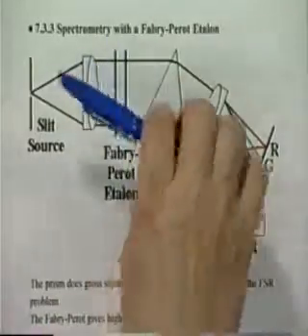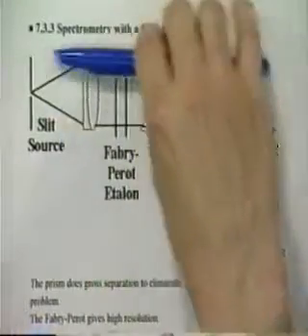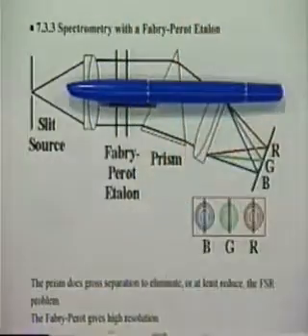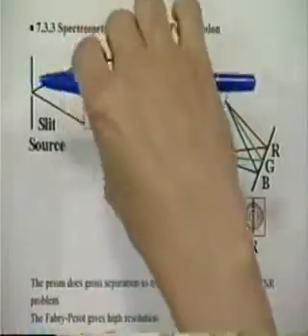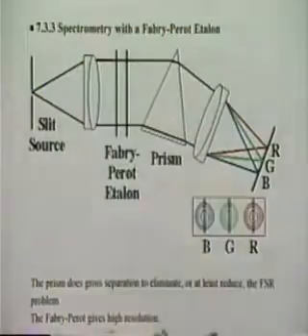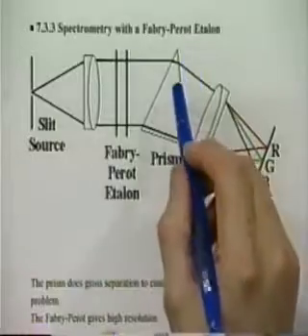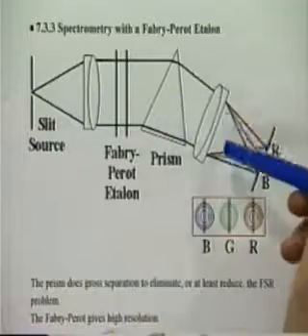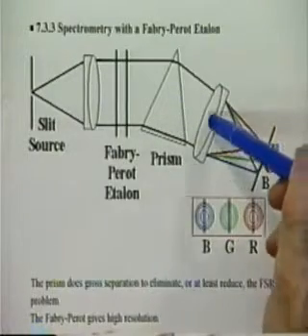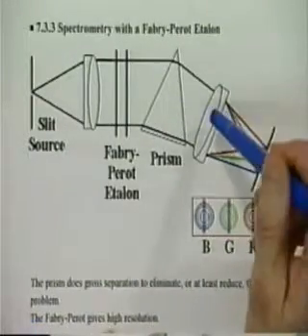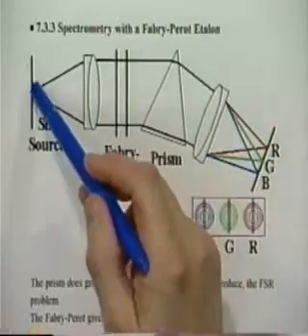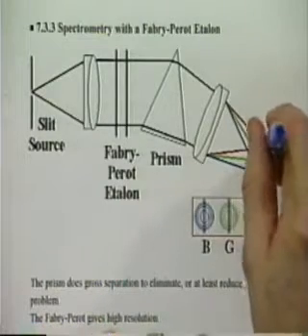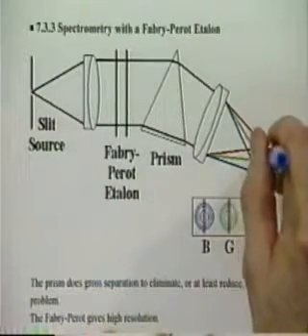So in this dimension we just have a collimated beam, we don't have a lot of angles present. While in and out of the paper here, we will have a lot of angles present incident upon this prism. Forget about the Fabry-Perot for a second. After the prism we place a lens, and in the focal plane of the lens we will have an image of the slit. And if we have more than one wavelength present, we're going to have a lot of images of this slit for the different wavelengths.